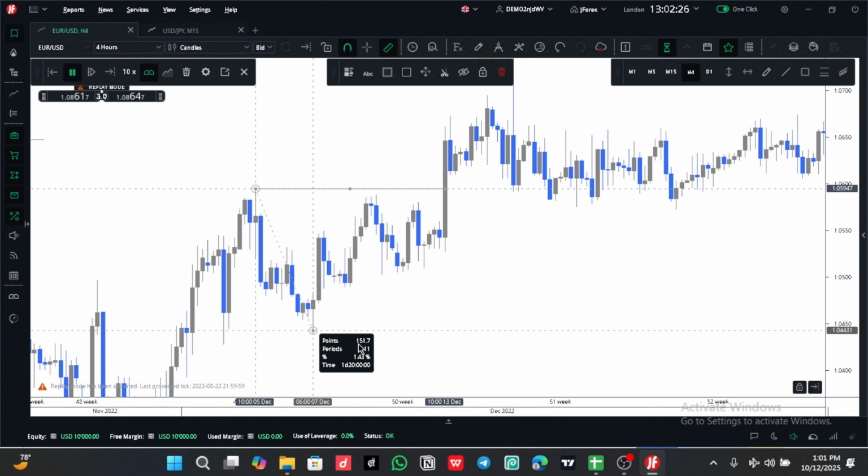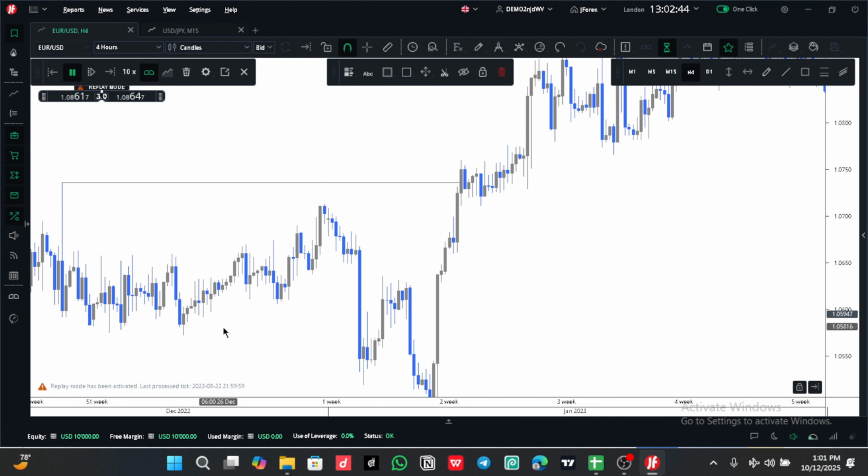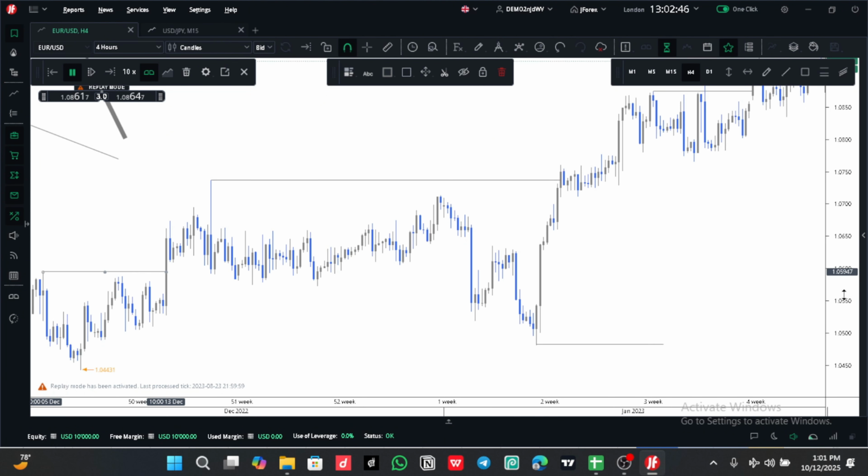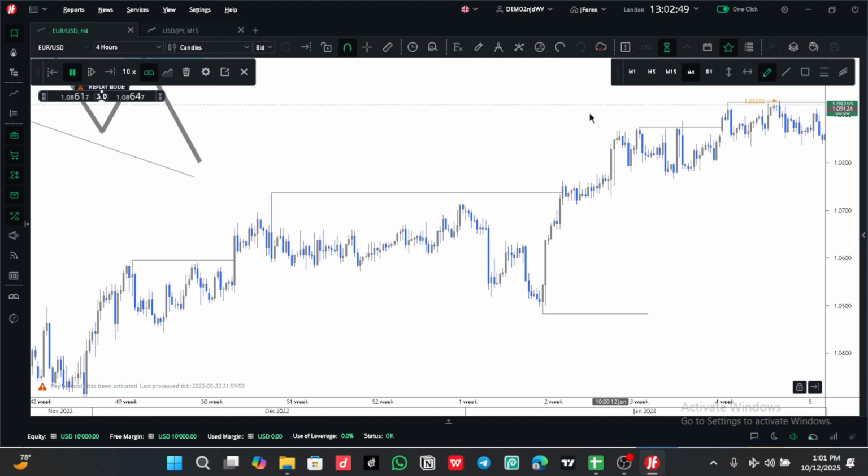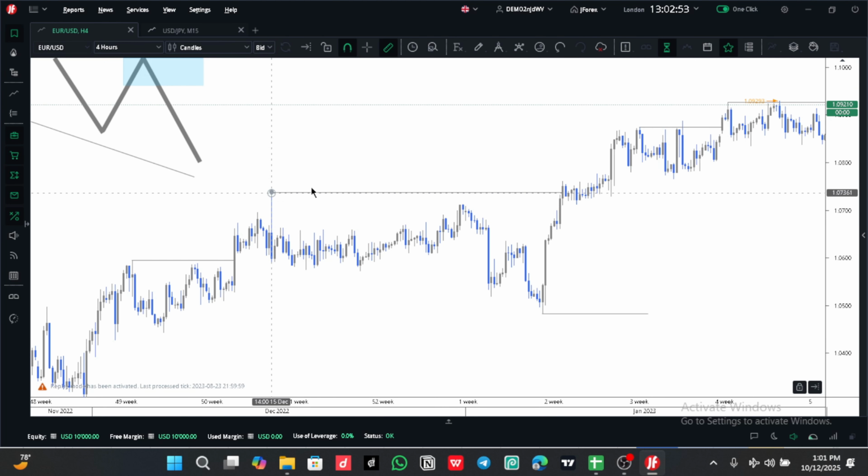Then you look at the points: 151.7. So this is from that up to this range, the total pips from here to here is 151.7. That's how you keep doing it till you have done it for the whole structure, just like this.